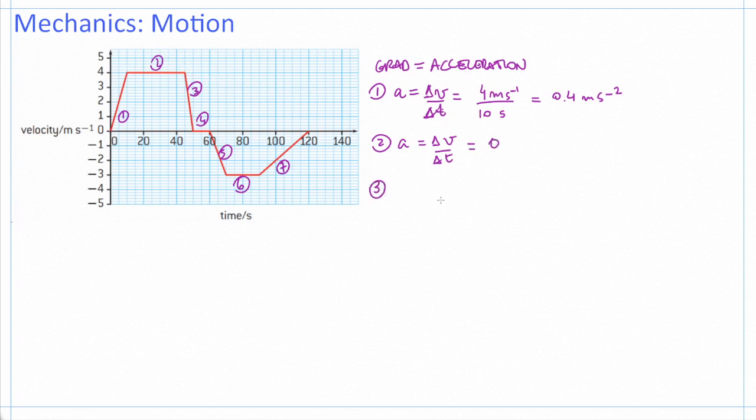Point 3. We are decreasing, so we should have a negative acceleration. But let's see. It's going to be change of velocity over change in time. So our change in velocity is final velocity minus initial velocity. And here, when I say final velocity, it's just between those 2 points that we're observing on this part of the motion. So final velocity here would be 0, and initial velocity would be 4.